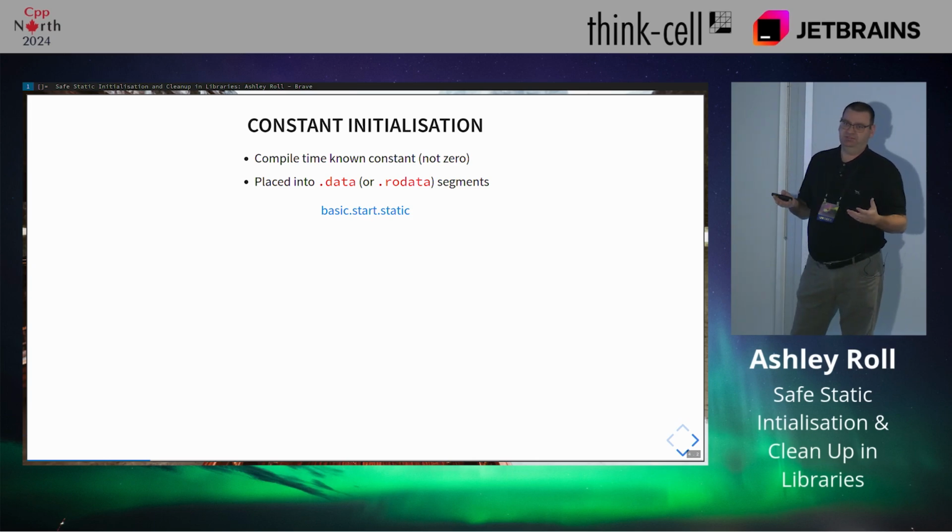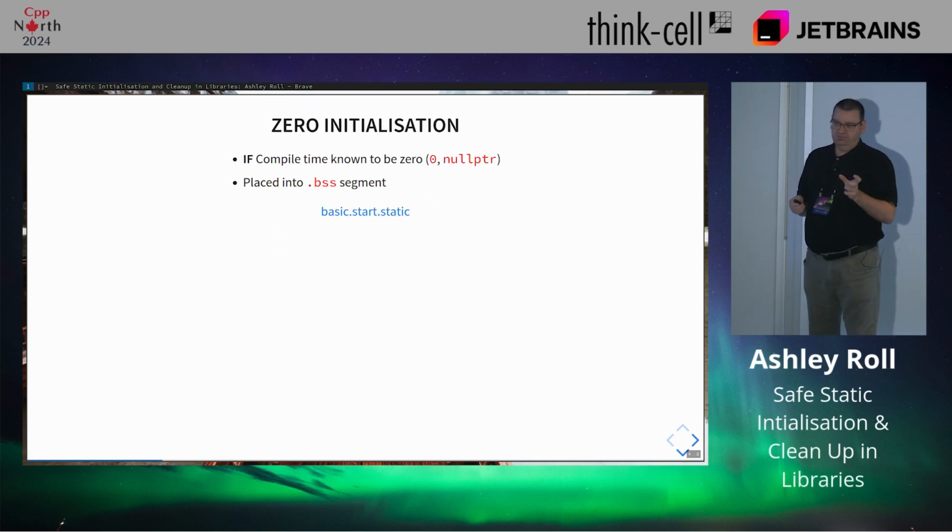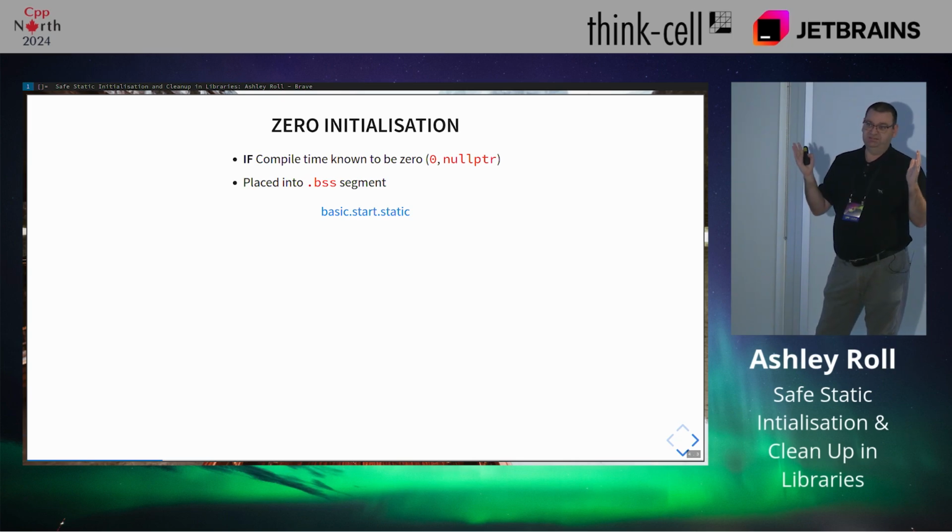So there's zero cost to initialize it because it's already initialized by the time it's loaded into memory. And that's normally done in the data segment, or the read-only data segment if it's a constant. Zero initialization is similar, except the compile-time value is known to be basically zeros, so that might be a null pointer, or a default initialized integer of 0 or something like that, and it'll just put it in the BSS segment to save having to write it into the program file.